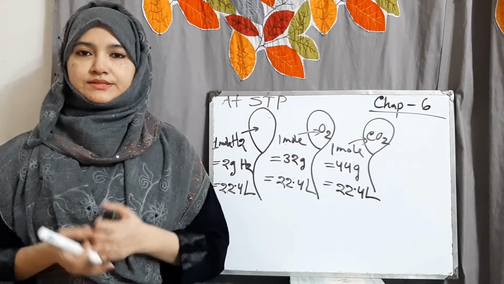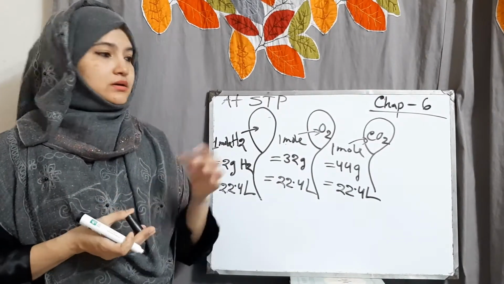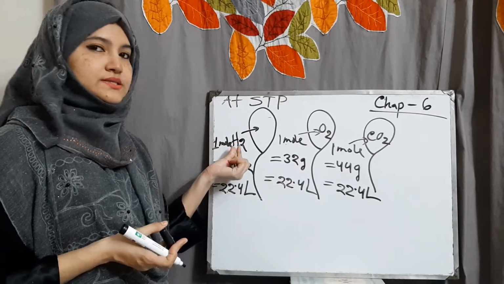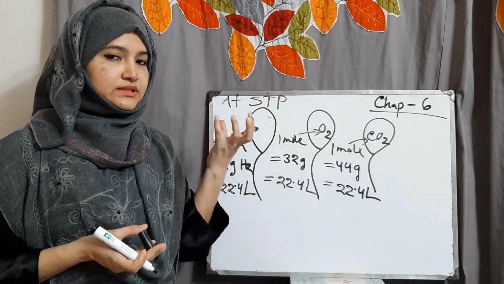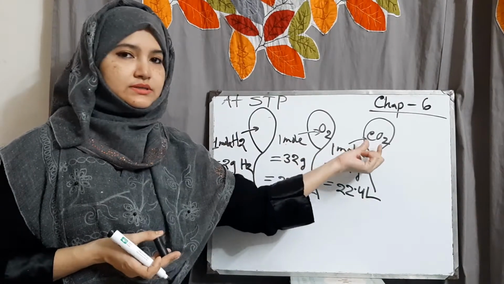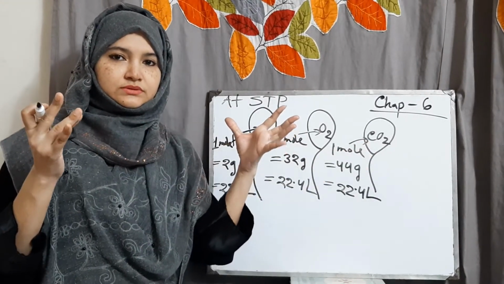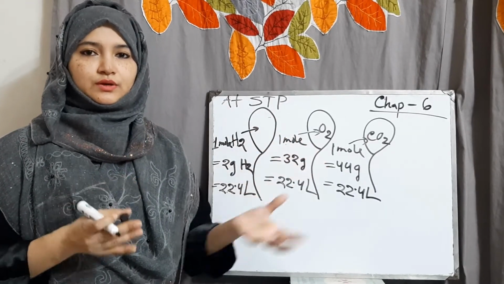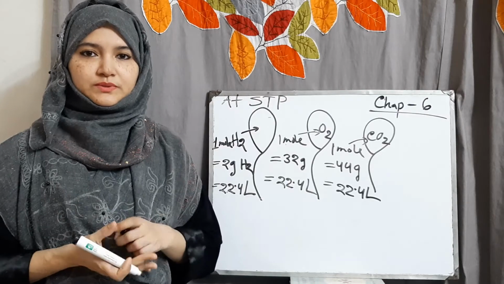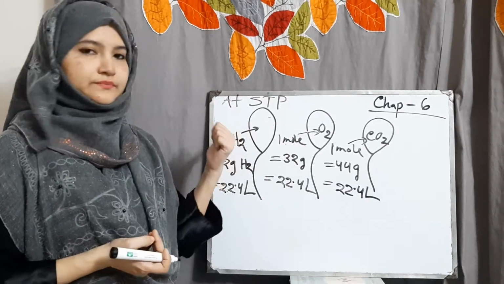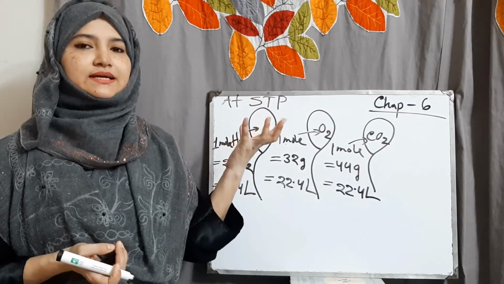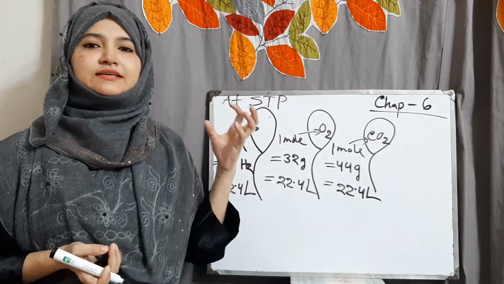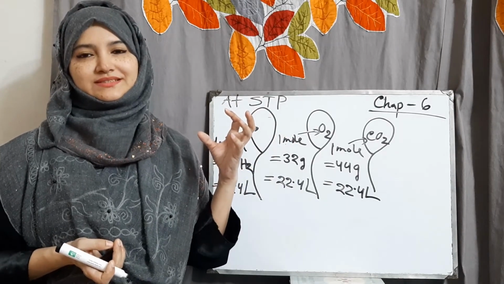A question may arise in your mind. Hydrogen is a tiny gas, and carbon dioxide is bigger than that. How is it possible? Why is it possible? The reason behind that is the intermolecular space.